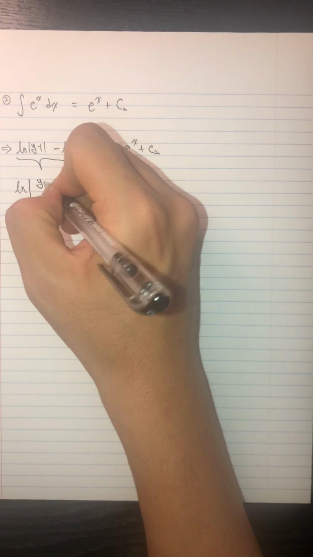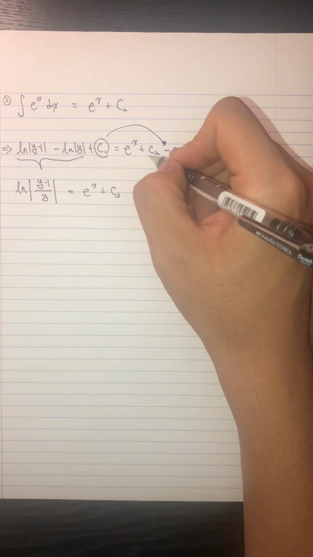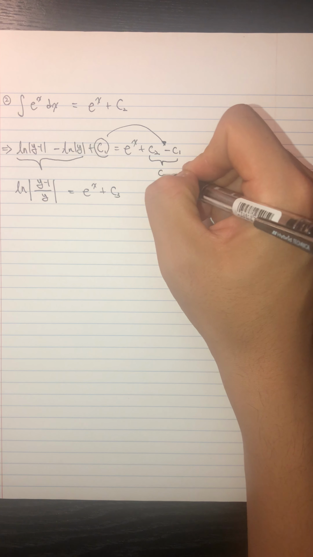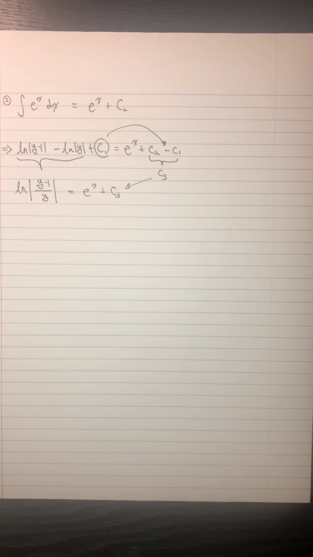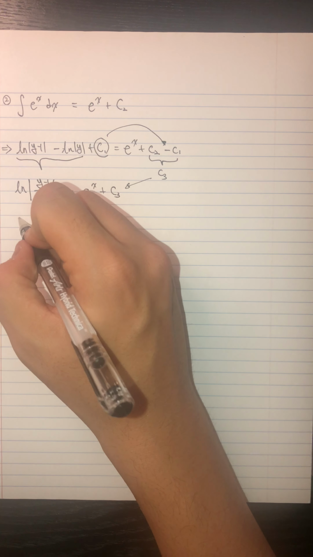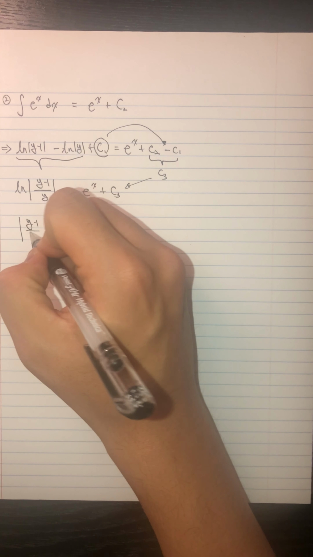So c1 moved right here, so minus c1, and we can call this term c3. So (y minus 1) over y equal to plus or minus exponential of (exponential x plus c3).